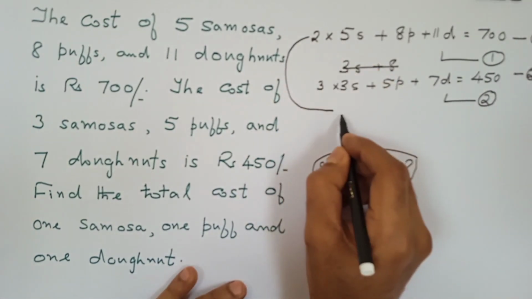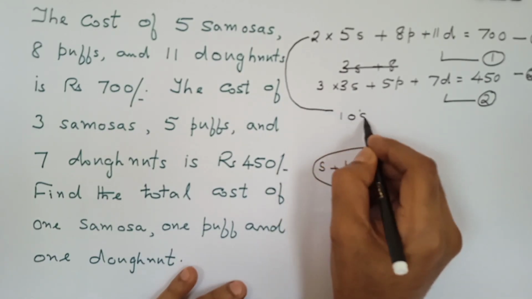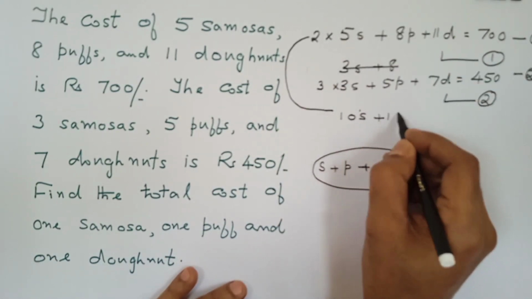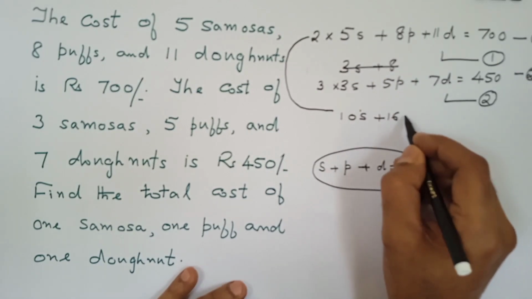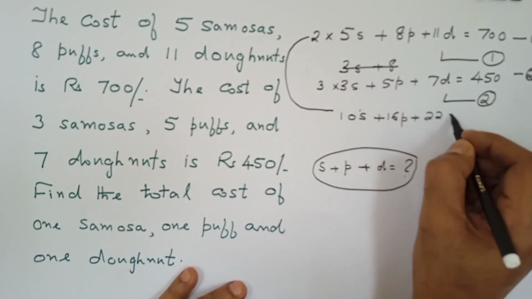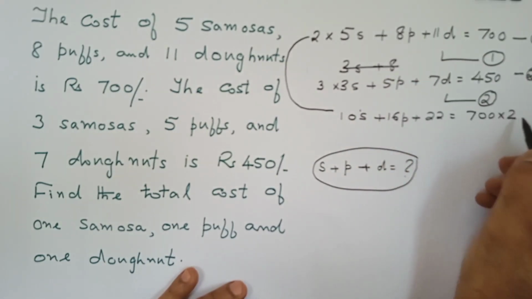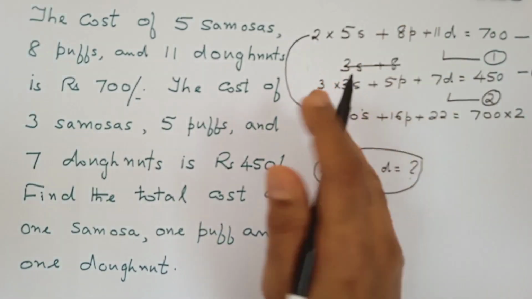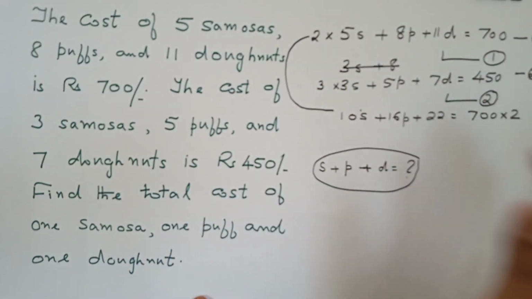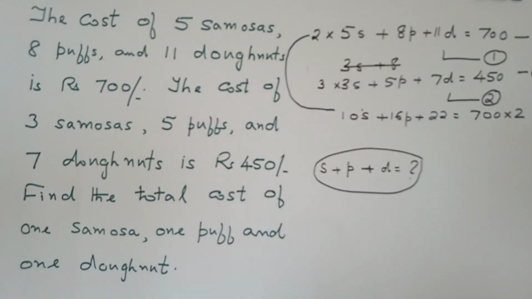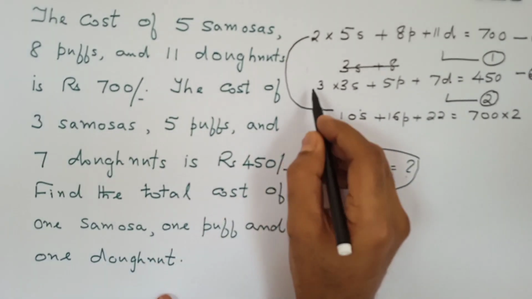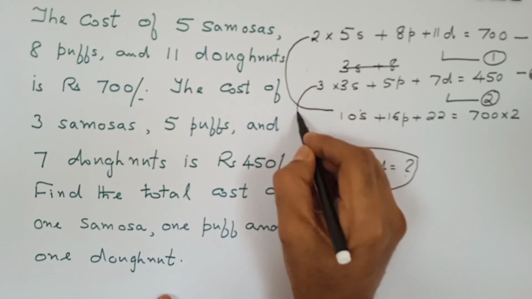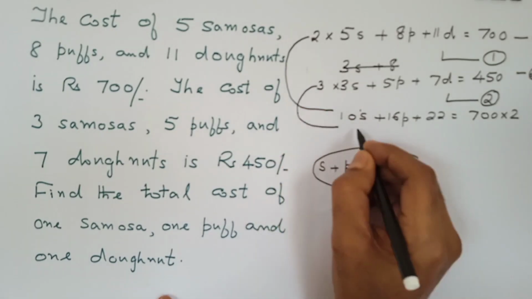What do you get by multiplying? While multiplying, please make sure that you multiply both sides of the equation, otherwise the equation will change. You are supposed to keep the equation intact. Okay. Now do the same thing for the other one.